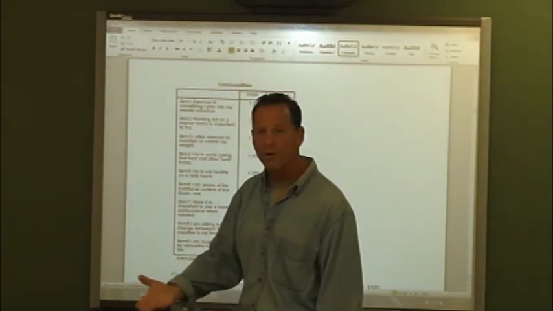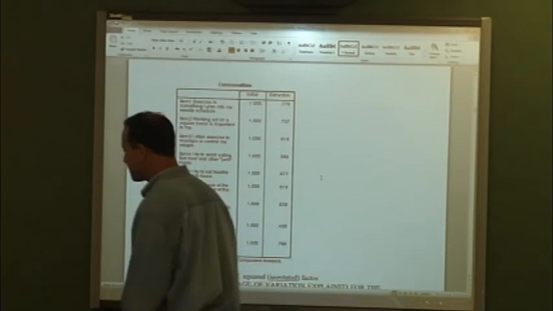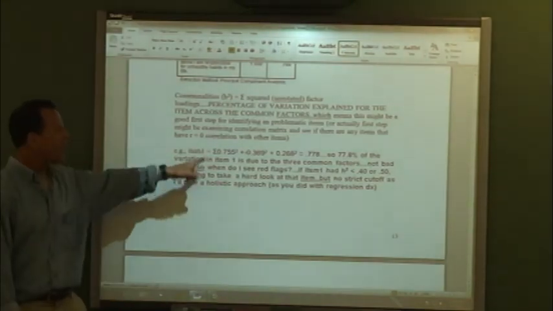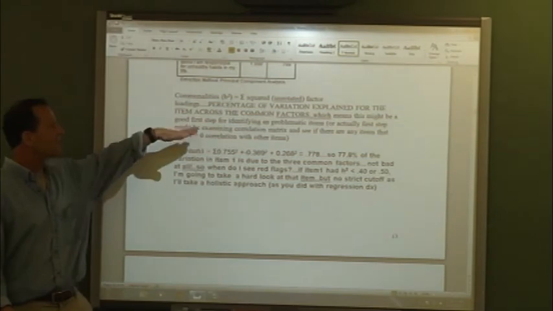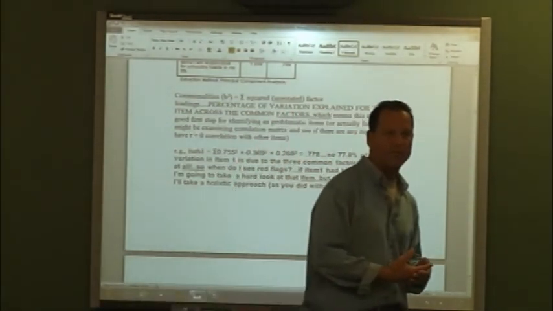There may be 2 or 3 or 4; we haven't gotten to that yet. Communality, also called h squared, is the sum of the squared unrotated factor loadings. It's the percentage of variance explained for the item across the common factors.